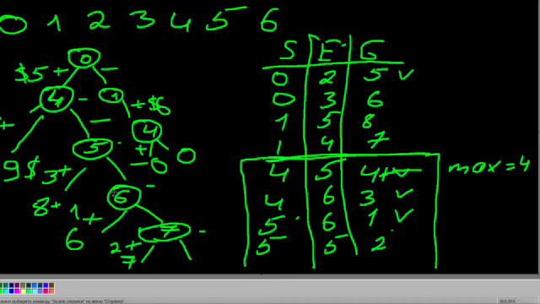Instead of doing this recursively, we can do this iteratively, which is going to make the algorithm easier to understand. And it's also going to help us do some more optimizations. So instead of starting from the beginning, we can start from the end.